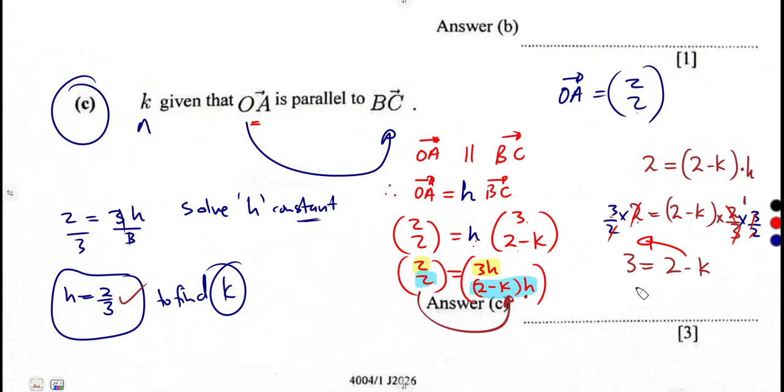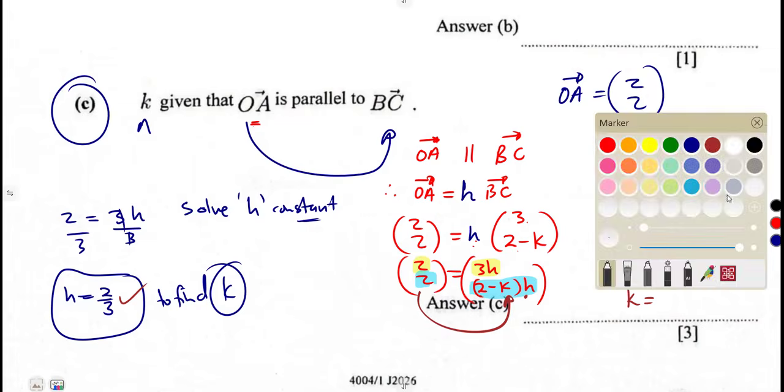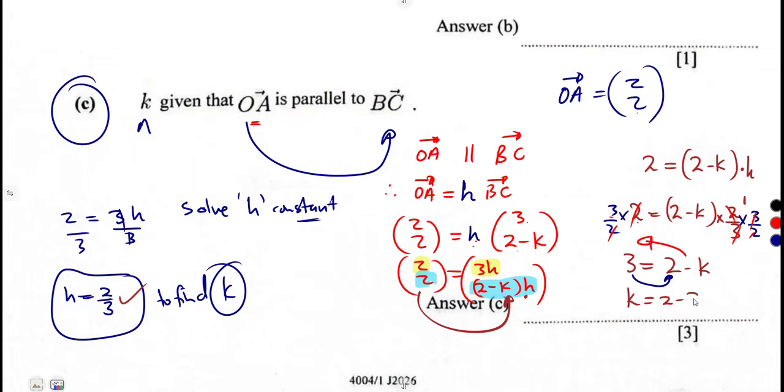K is equal to, take the 3 to the other side, 2 minus 3. So K is equal to minus 1. So this is the value of K that will make the two vectors parallel.